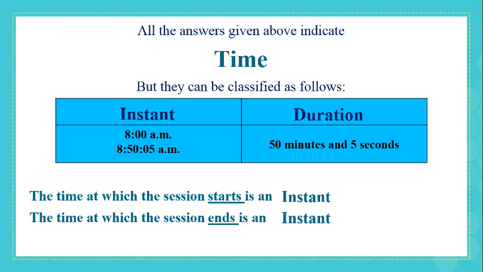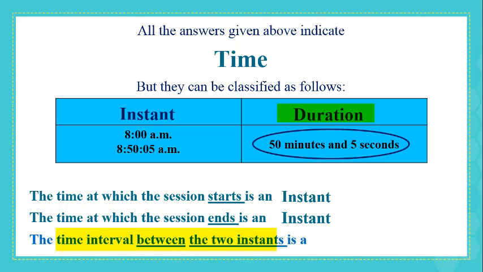The session starts at 8 o'clock, lasts for 50 minutes 5 seconds. 50 minutes 5 seconds represents how long the session lasts or how long the session takes from beginning to end. 50 minutes 5 seconds is called duration. Duration can be defined as time interval or time separating two instants.